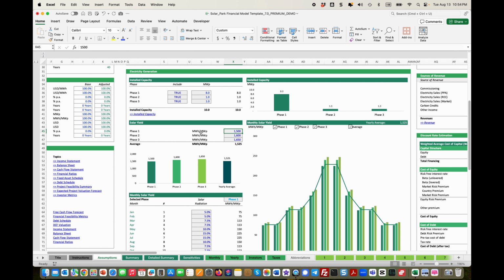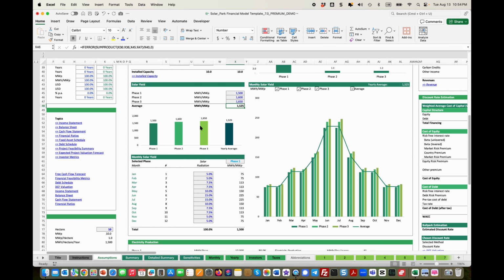Sometimes this not only depends on location, but also on the quality of the panels or how the panels are managed, if they are fixed or tracking the sunlight. So this could also all have different effects. So here we have foreseen that there might be different solar yields. And then on average, we get an average yield produced by the park.